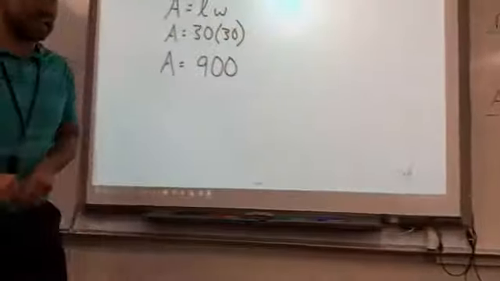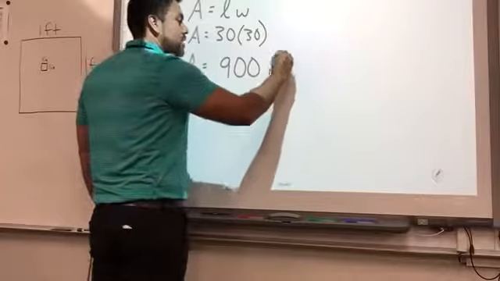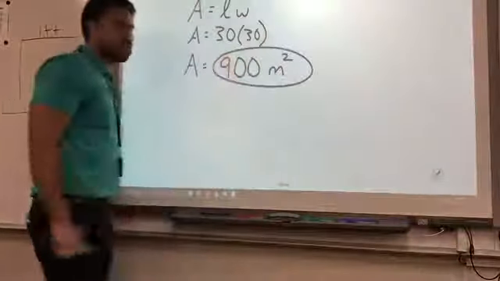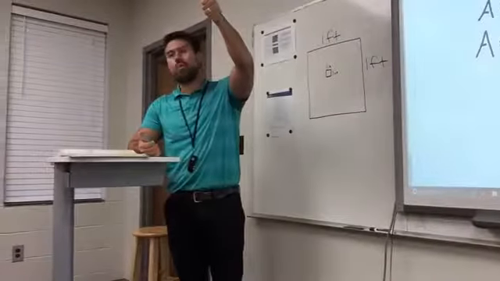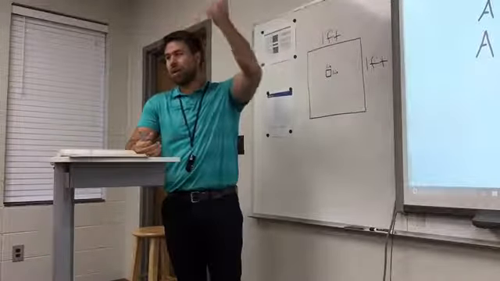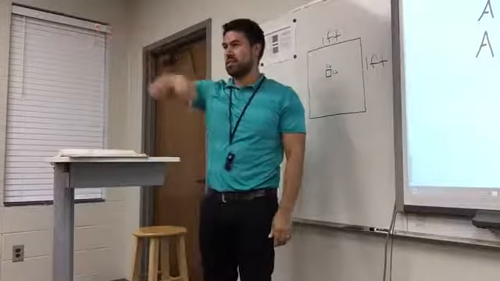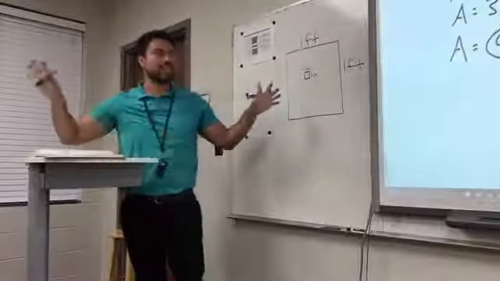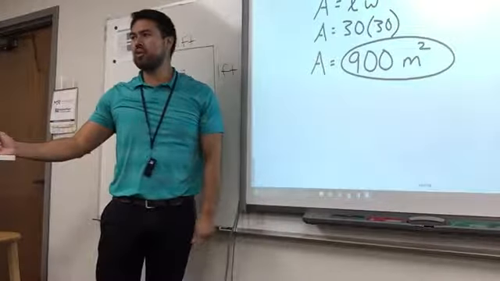Josie, what's your complete answer? 900 square meters is the answer. 900 square meters. If you just put 900, no way. I don't know what you're talking about. 900 what? If you just put 900 meters, that's a distance. So the distance around a shape is 900 meters, which is not the same thing as the correct answer, 900 square meters. You guys okay with those?